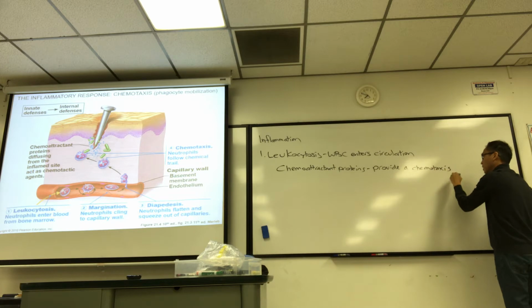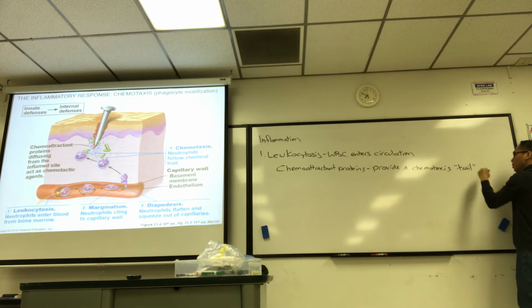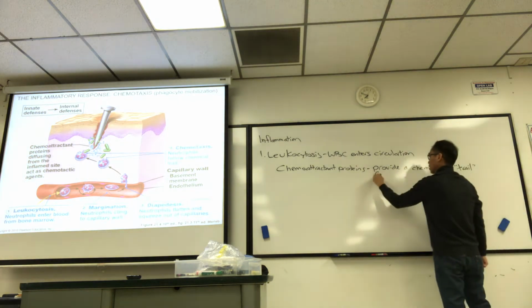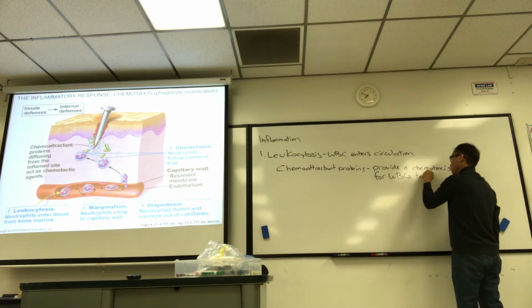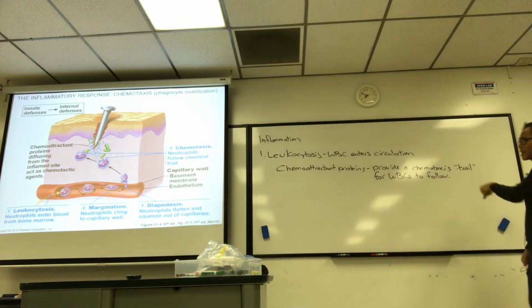They provide a chemotaxis trail, a little gradient for the white blood cells to sniff out, a little trail for WBCs to follow. Okay, so that's why they're there.